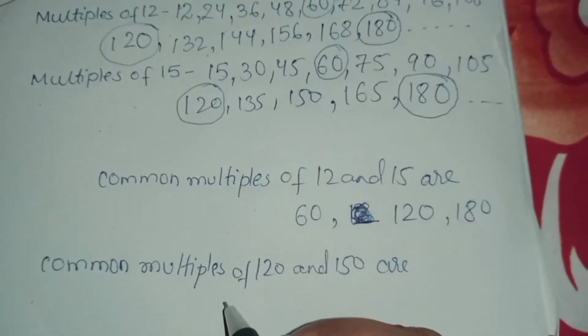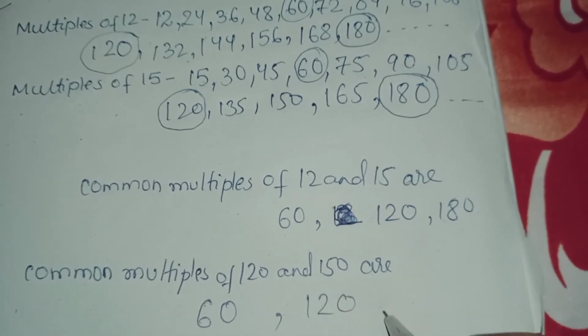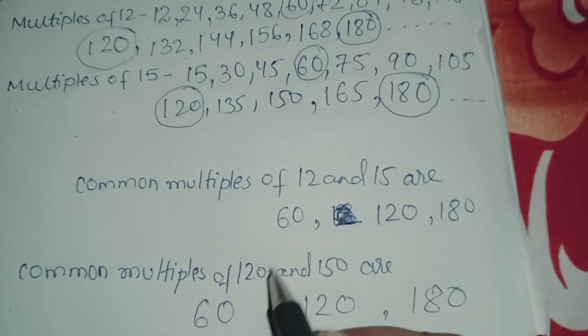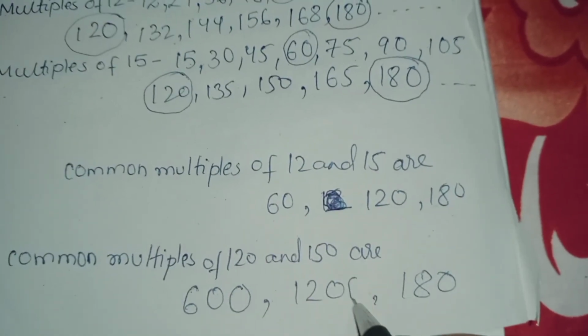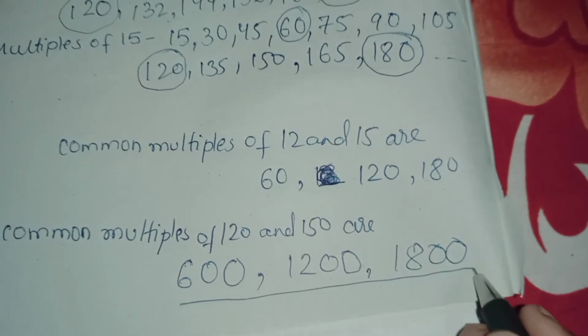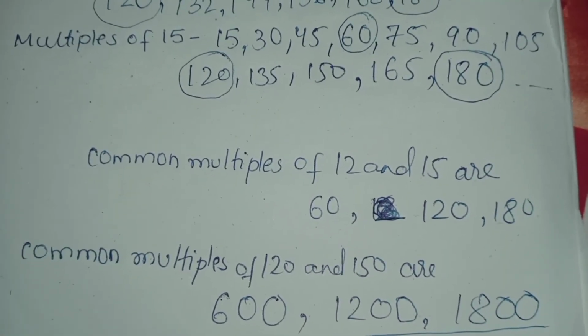So what will we do? Write the common multiples: 60, 120, 180. Now I have multiplied by 10, so I'll add a 0 to each. Now it has become the common multiples of 120 and 150.